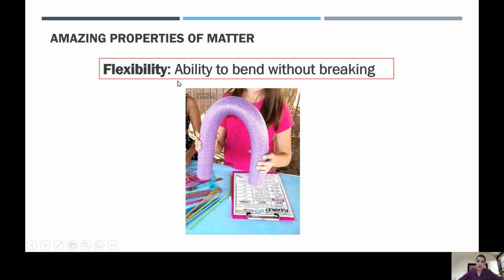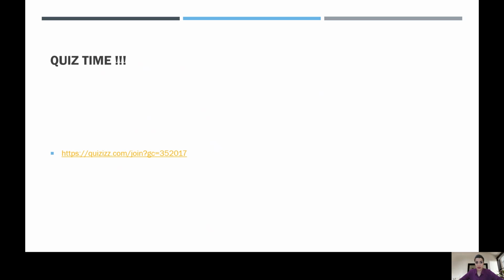So this is a property that describes some matter, but not all types of matter. For example, foam is flexible. However, my phone is not flexible. So not all matter has this property. This will help you to differentiate matter from one another. Flexibility is the ability to bend without breaking.